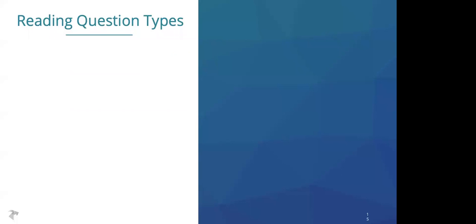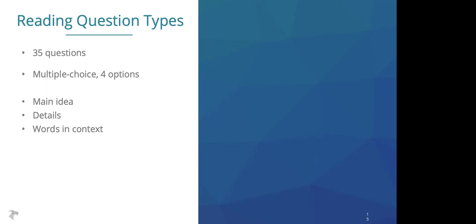Again, the reading section is a multiple choice section, and it gives students 4 options to choose from. There are 35 questions overall. The questions will ask about things like the main idea, details, words in context, text structure, and inference.